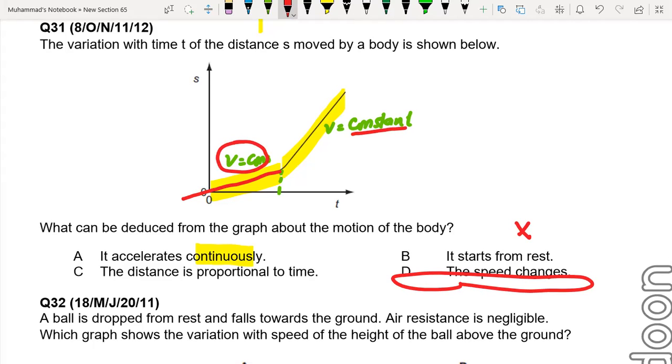Distance s is not proportional to time. If the distance-time graph looked like this for the whole journey, then distance would be proportional to time. But over here, distance is not proportional to time. So that's why D is our right choice.